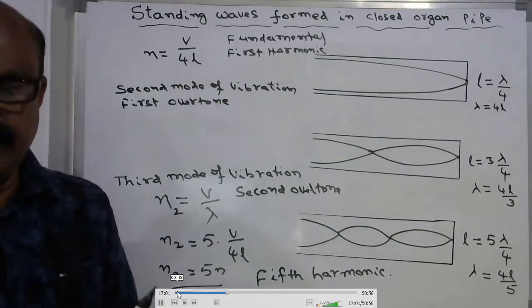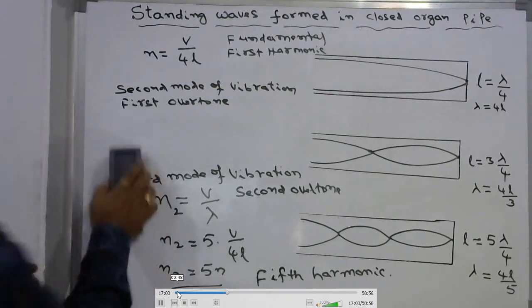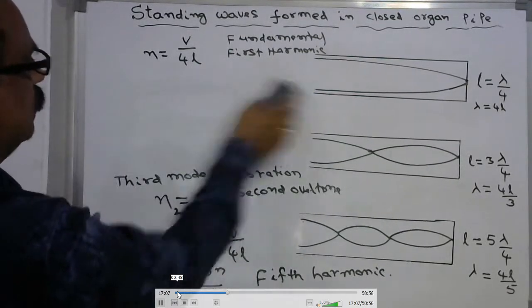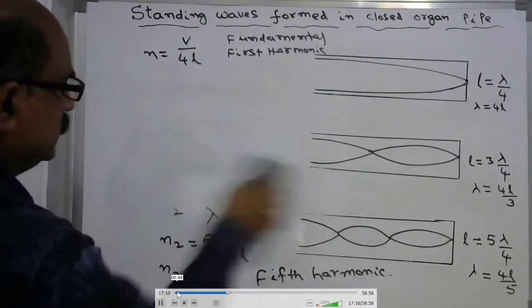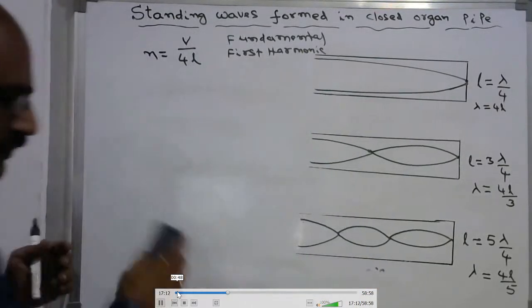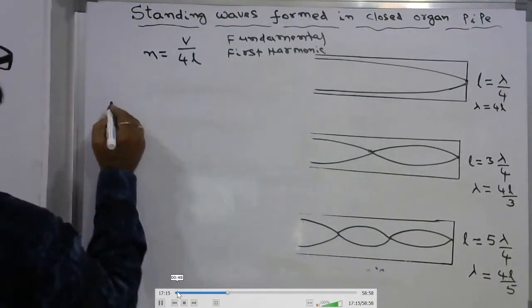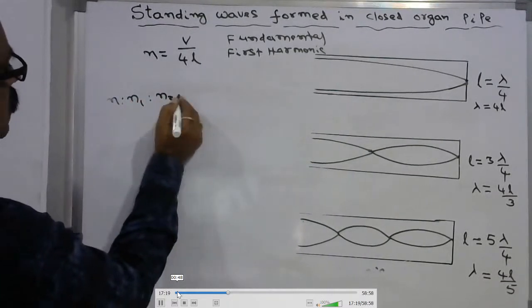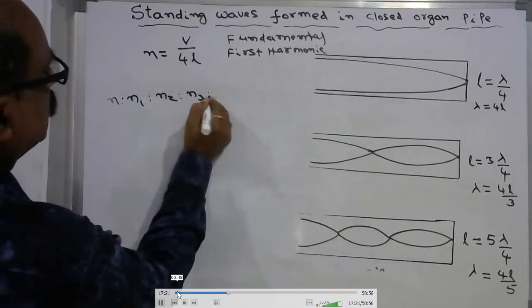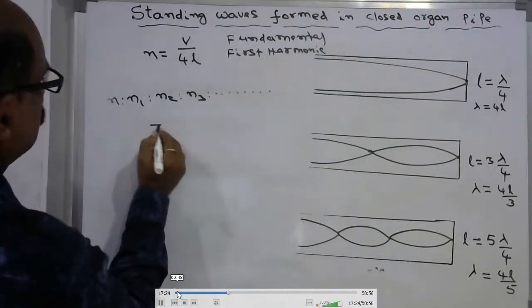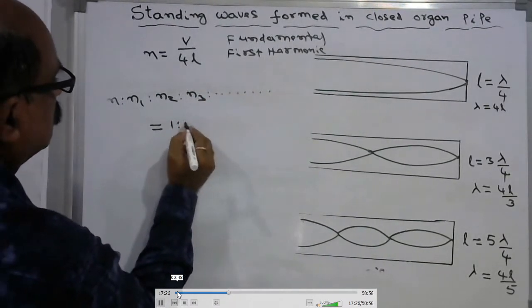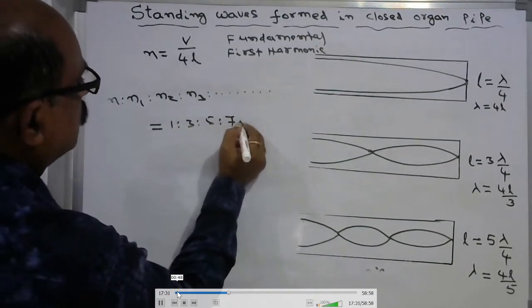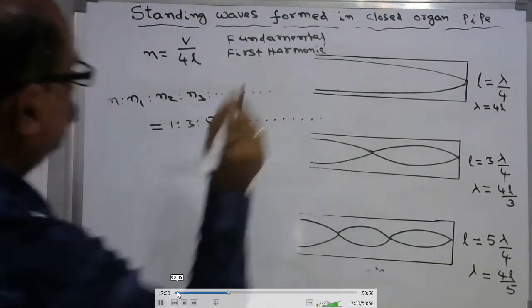So the relation between the fundamental frequency and the different modes of vibration, the harmonics, is n1 : n2 : n3 and so on equals 1 : 3 : 5 : 7 and so on.